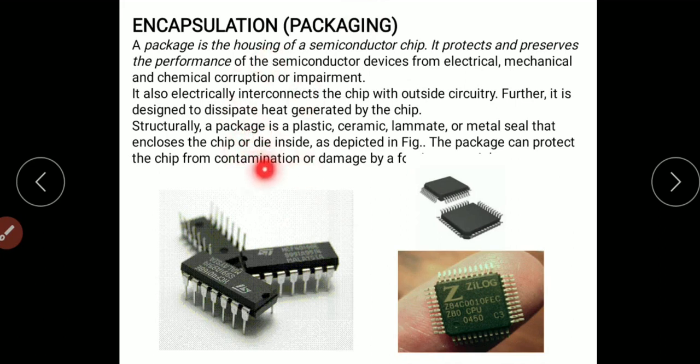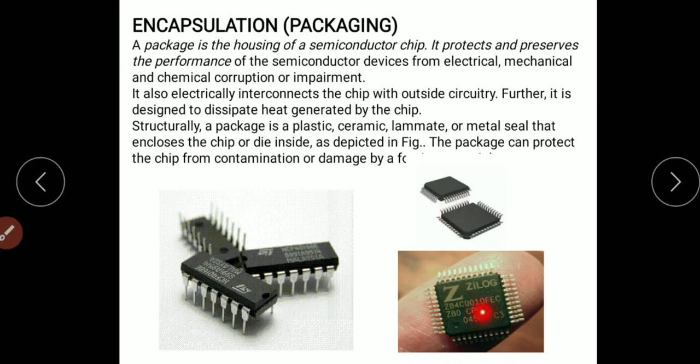Once these three terminals have been developed, then you have to pack that die into a secured chamber. A package is the housing of a semiconductor chip. It protects and preserves the performance of the semiconductor devices. Once the die has been developed, you have to pack it properly or seal it properly.